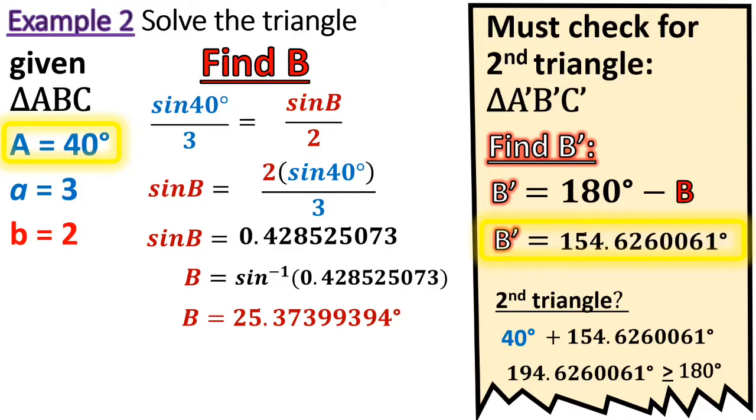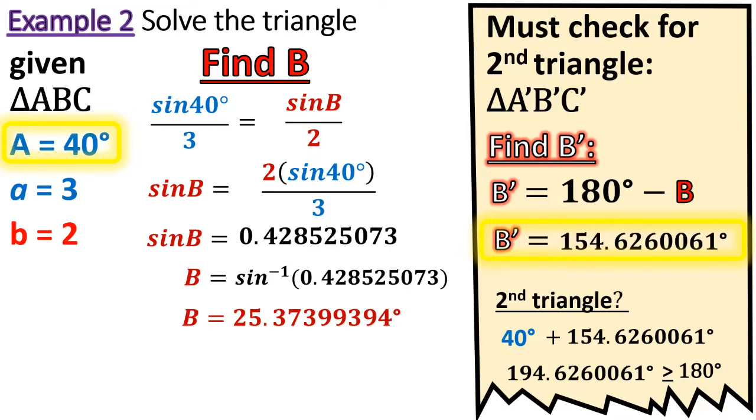Simply put, if you add the given angle to the B prime angle and your value is greater than or equal to 180 degrees, you know there is no second triangle. The reason this is true is because when you add up the three angles in any triangle, it's going to equal 180 degrees. Just using angle A and B prime, we are already over 180 degrees.